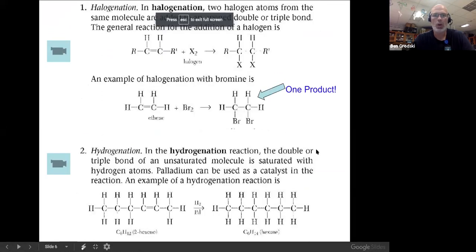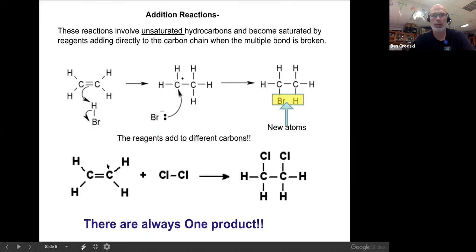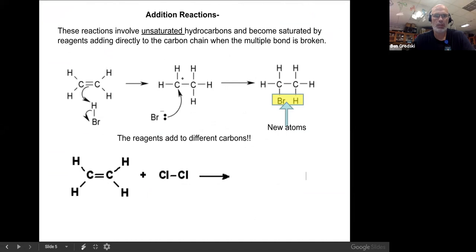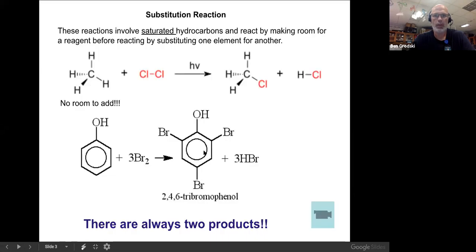Okay, so we were talking about two types of reactions. We're talking about addition reactions, okay, and that was, of course, on your form. And so we're talking also about substitution. So in substitution reactions, we have a substitution going on between one atom of a reactant and another atom of a reactant.